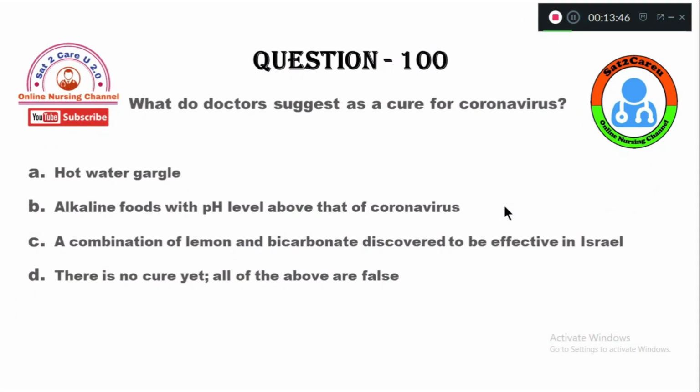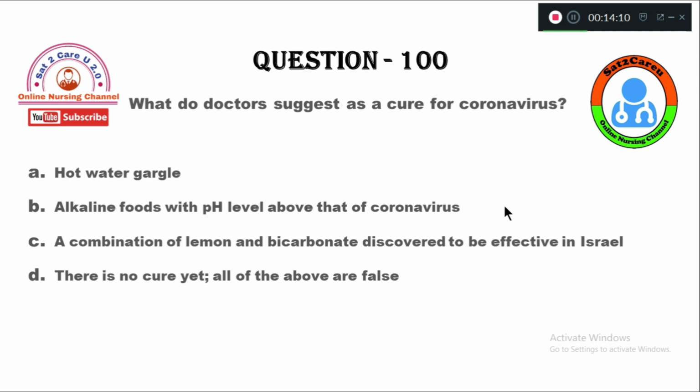The 100th question in this test series is what do doctors suggest as a cure for coronavirus? Option A, hot water gargle. Option B, alkaline foods with pH level above that of coronavirus. Option C, a combination of lemon and bicarbonate discovered to be effective in Israel.